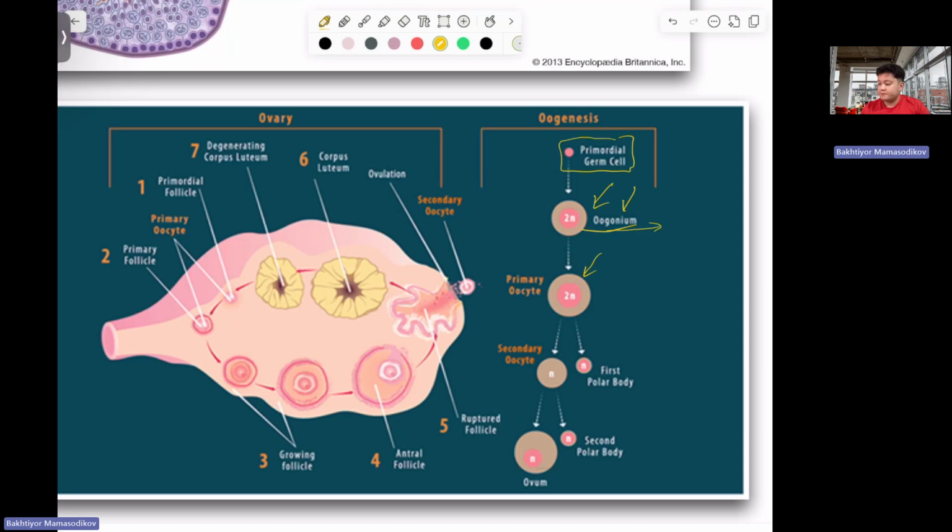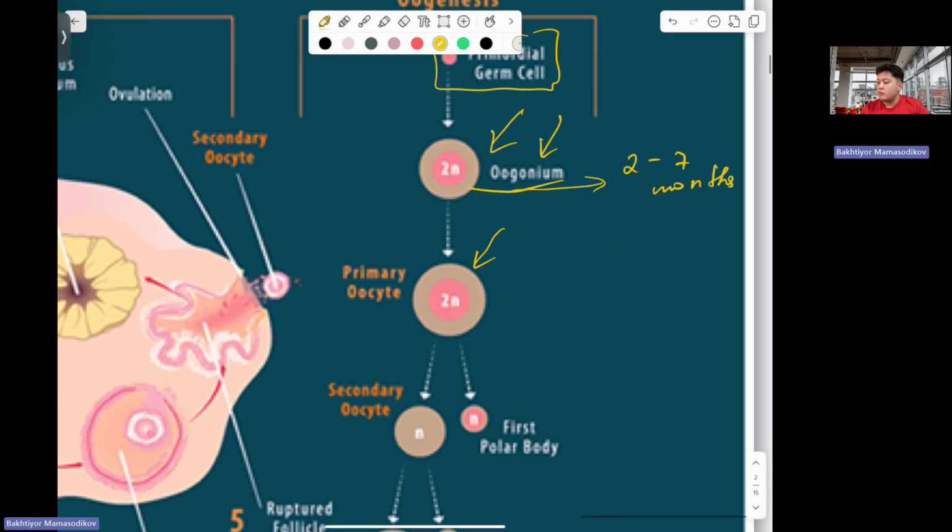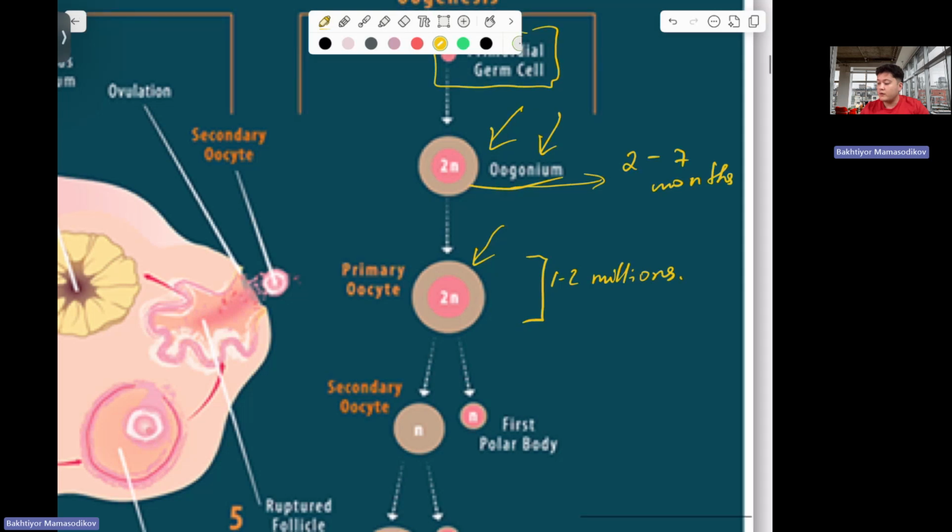The oogonium starts to form in the fetal stage, from the 2nd until the 7th month of fetal development. When girls are born, they are born with primary oocytes, around 1 to 2 million.